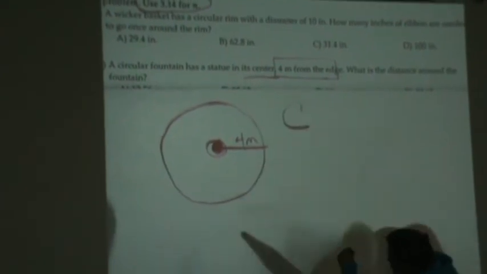That's circumference again, right? You're going to use pi d or 2 pi r? Probably the 2 pi r, right? You know your radius. So 2 times 3.14 times the radius, which is 4 meters. So 2 times 3.14 times 4. It's 25.12 meters around it.